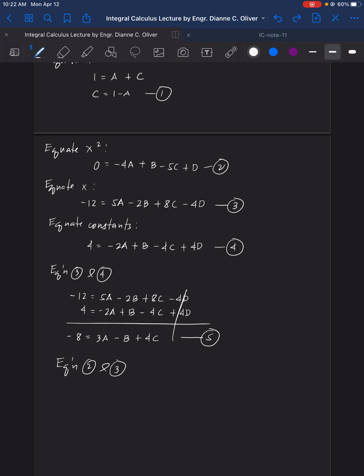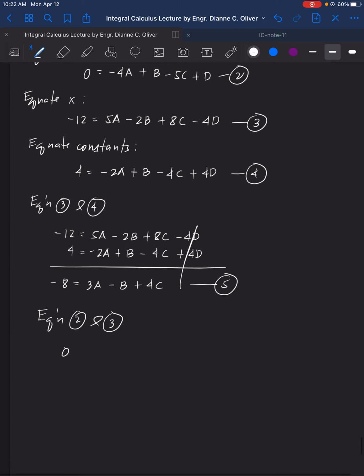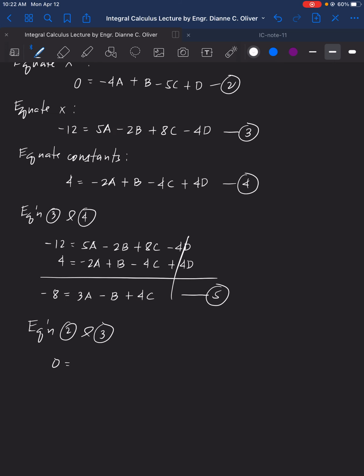We have there 0 equals negative 4a plus b minus 5c plus d. Then we have equation 3, negative 12 equals 5a minus 2b plus 8c minus 4d.